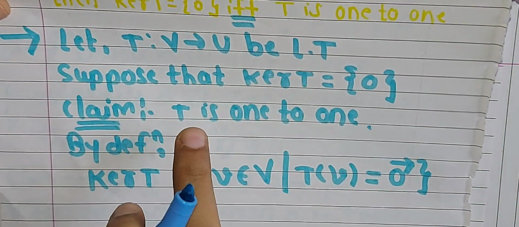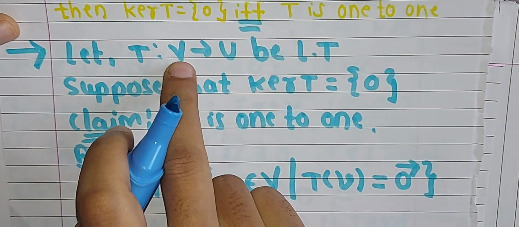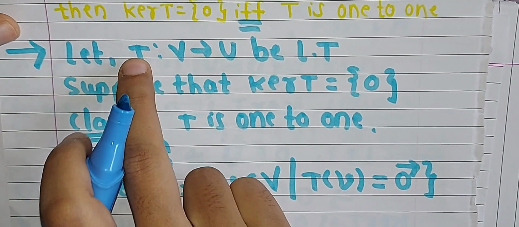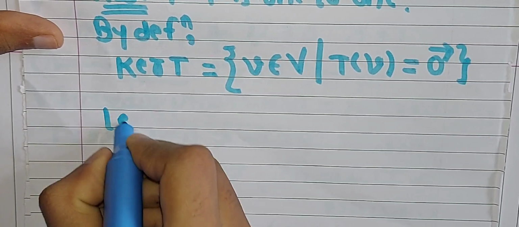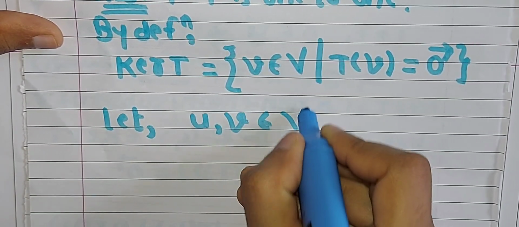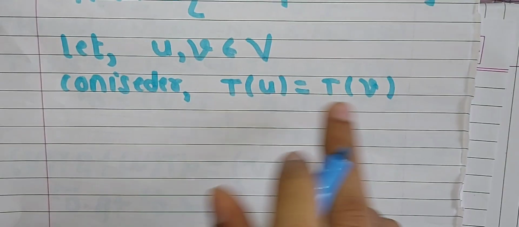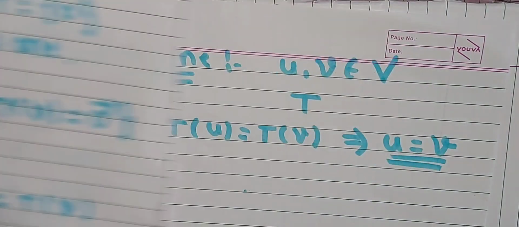So let two elements u and v belong to my domain V, then consider T of u equal to T of v. Now we only have to prove that u is equal to v.